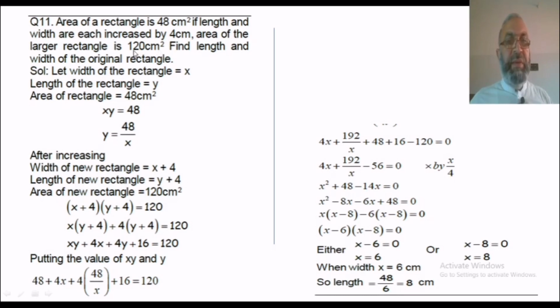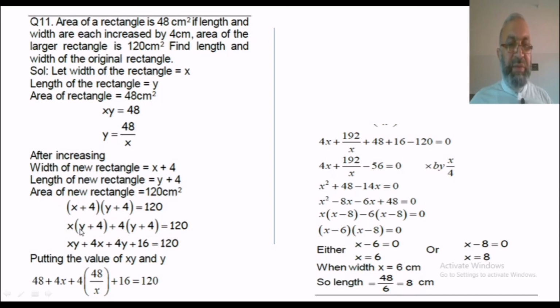Now the area of the increased or larger rectangle is 120 centimeter square, given in the question. So according to the condition, increased width multiplied by increased length is equal to the area of the increased rectangle, 120. Now simplifying this, we multiply x plus 4 by y plus 4.